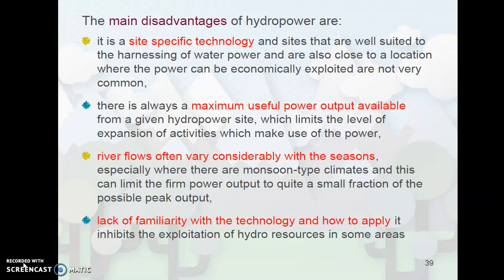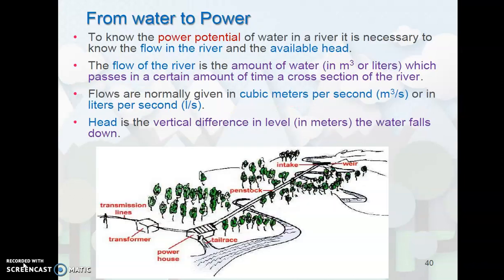River flows often vary considerably with the season, especially when there are monsoon-type climates, and this can limit the firm power output to quite a small fraction of the possible peak output. Lack of familiarity with the technology and how to apply it inhibits the exploitation of hydro resources in some areas.